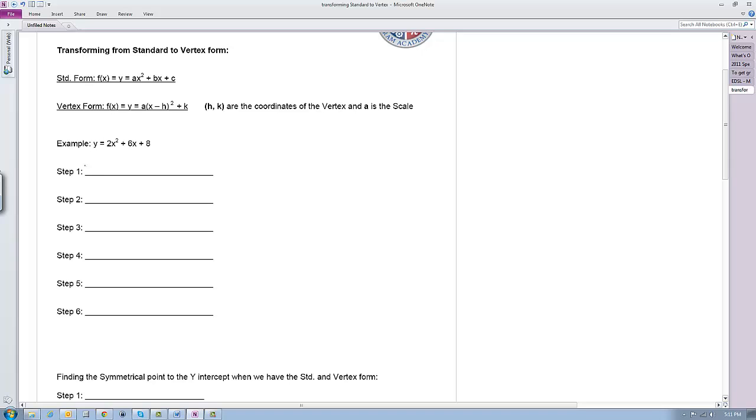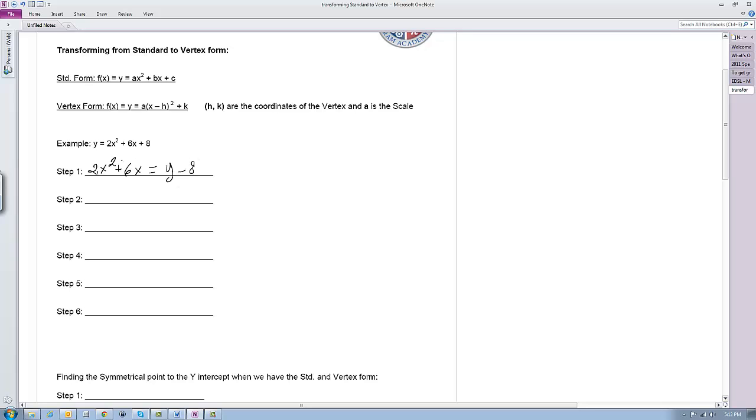The first thing I'm going to do is to rewrite this equation as 2x squared plus 6x equals y minus 8. What I did was just move the constant term to the right of the equation, and again notice that I kept y on this side of the equation.